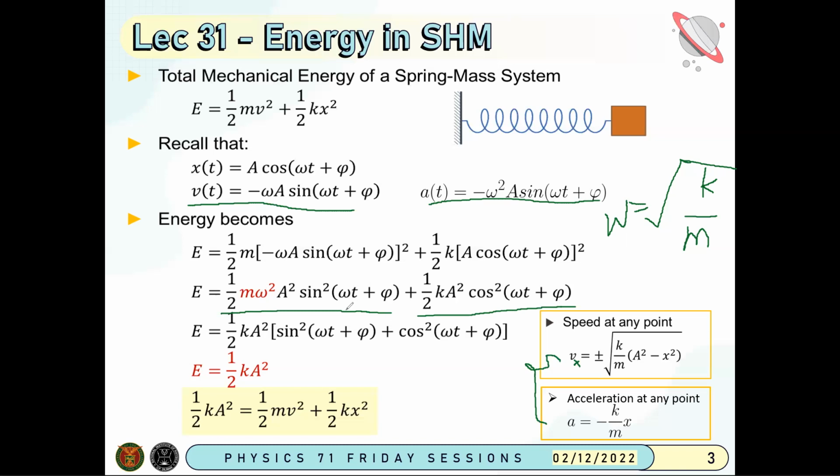Gusto nating ma-simplify yung form ng total energy, right? So kailangan nating mapag-add itong dalawang terms na to. So in a sense, kailangan nating malabas itong term na to saka itong term na to. Kasi alam natin na yung sine squared at yung cosine squared, pag in-add natin, magiging 1.